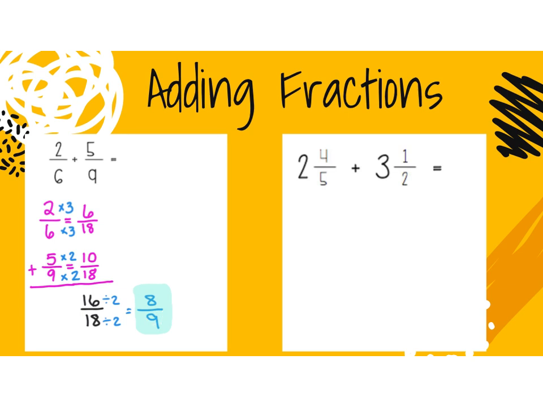Our second problem, again, I will write that vertically before we get started. 2 4/5 plus 3 1/2. A common denominator of both 5 and 2 would be 10.